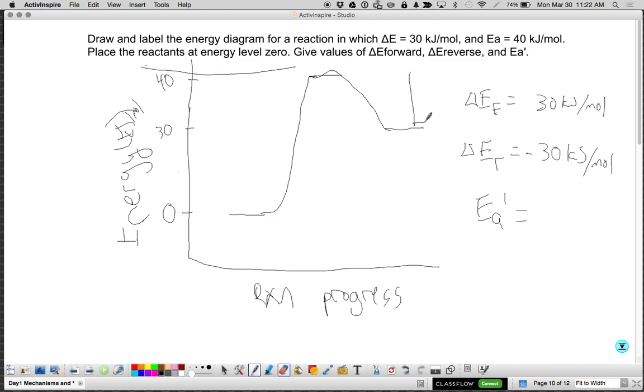So this guy right here. I'm going to take the peak, 40 kilojoules per mole, minus the products, which is 30 kilojoules per mole. And I'm going to get the difference, which is 10 kilojoules per mole. Okay, easy enough.